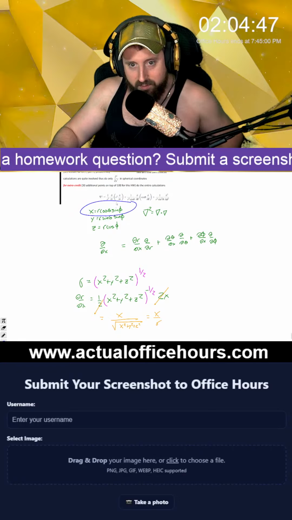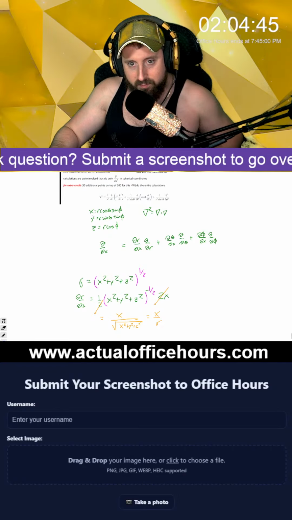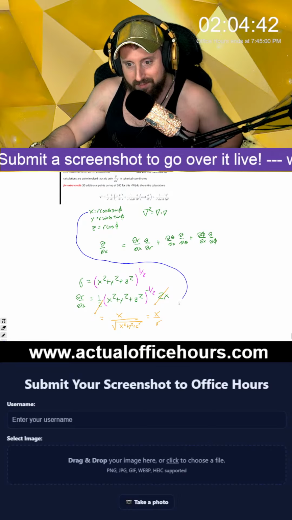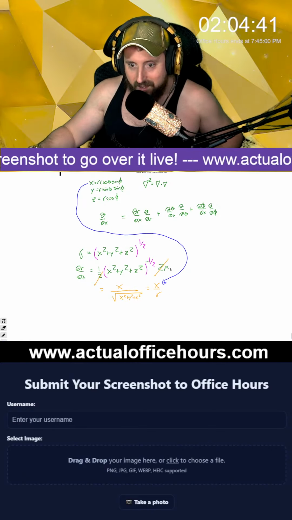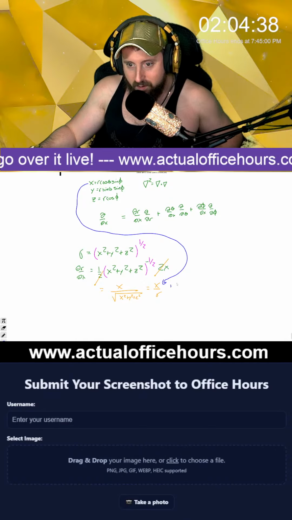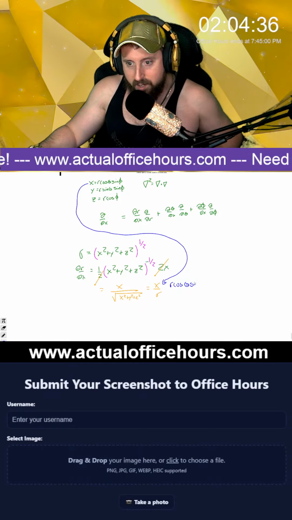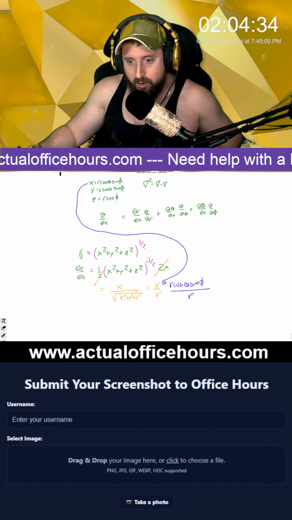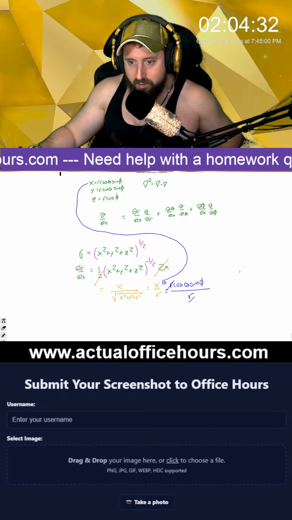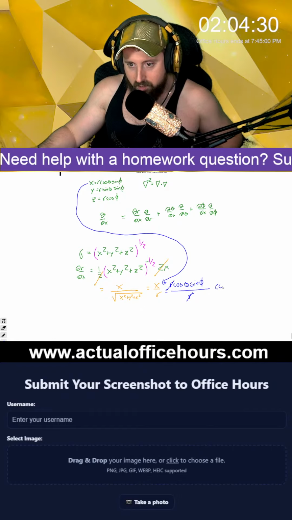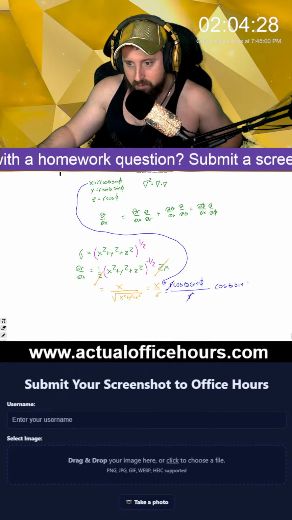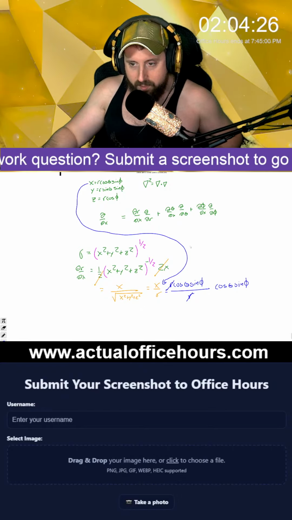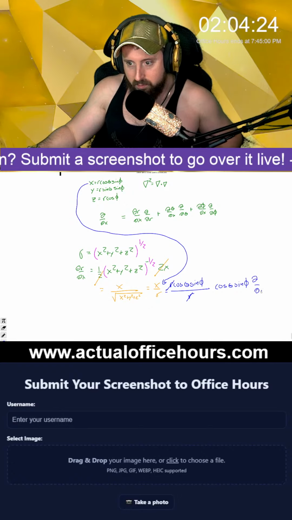Okay, and so from this, you have r cos θ sin φ all over r. This cancels, so you just get cos θ sin φ. And then it's still d/dr, right?